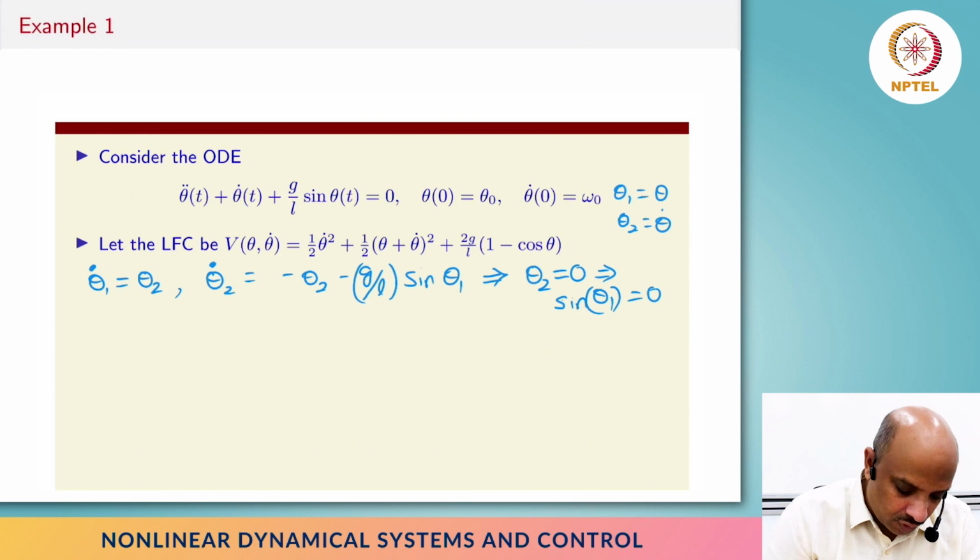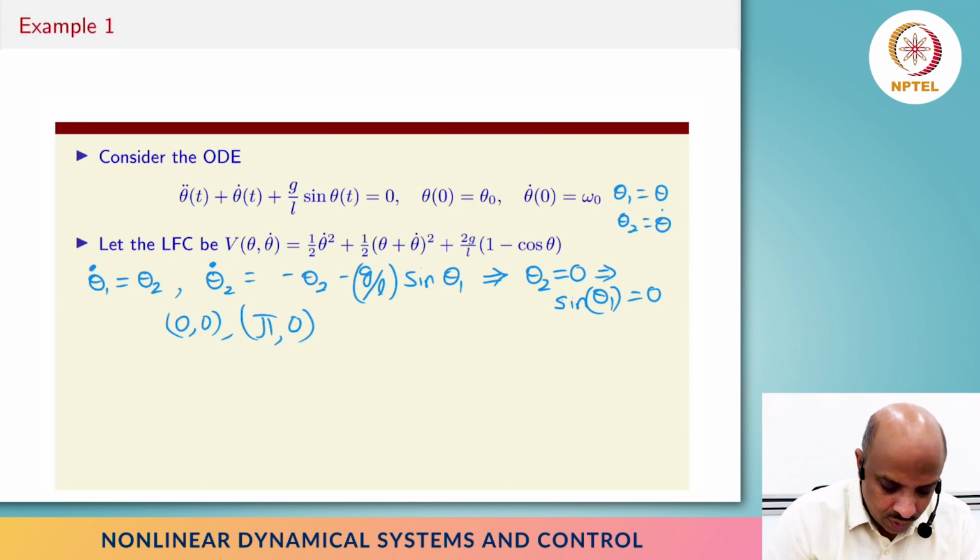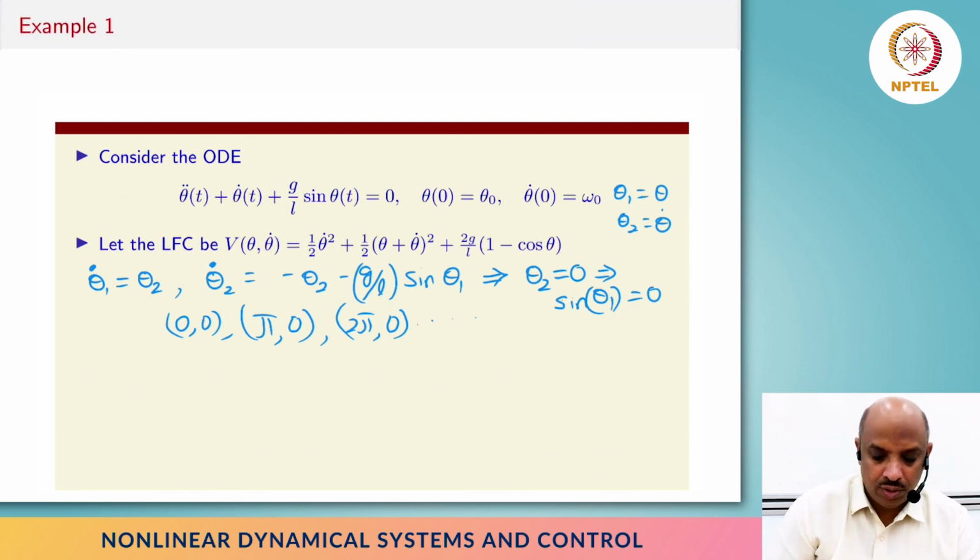So all the equilibrium points are of the form (0, 0), (pi, 0) in radians, (2 pi, 0), and so on. One can restrict the differential equation to 0 to 2 pi without including 2 pi, and that way we get only 2 equilibrium points, but that's the bare minimum.